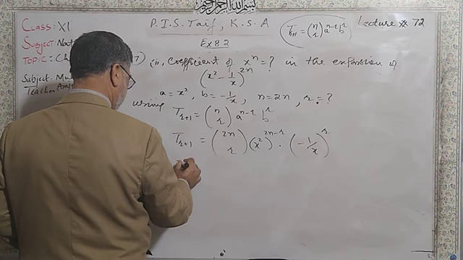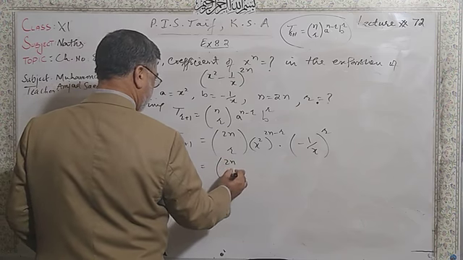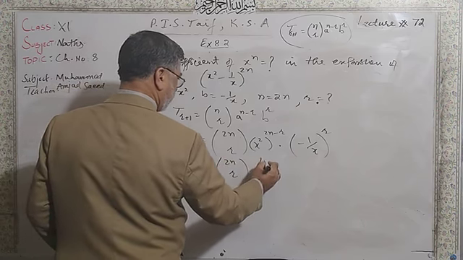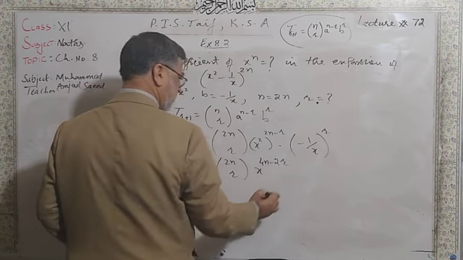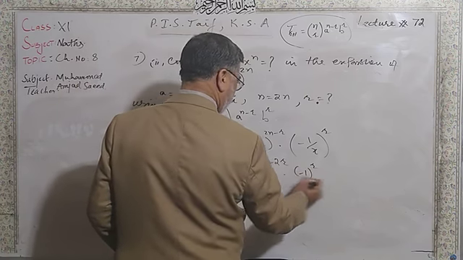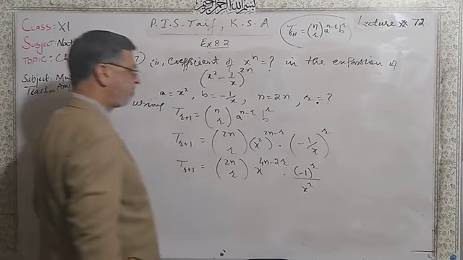So T r plus 1 is equal to 2nCr x power 4n minus 2r, minus 1 power r over x power r.